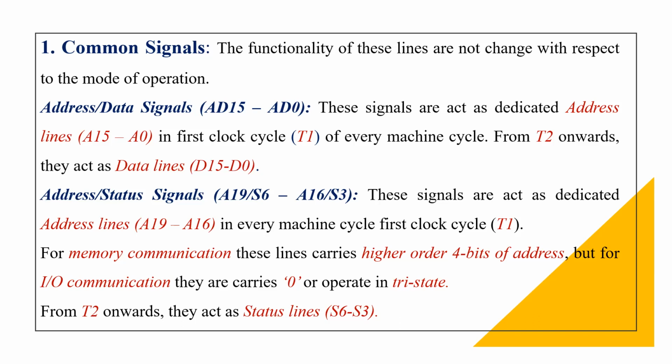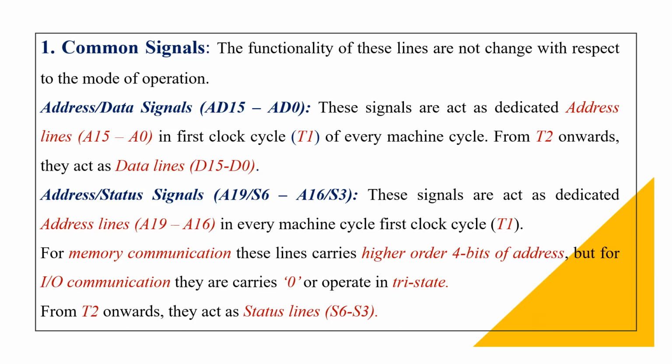Here, the interesting thing is that these are the higher order 4 address lines. Their function differs based on whether your processor is interacting with memory or with IO devices. Whenever your processor is interacting with memory, that is for memory communication, these 4 lines are used to carry the higher order 4 bits of the memory location address.